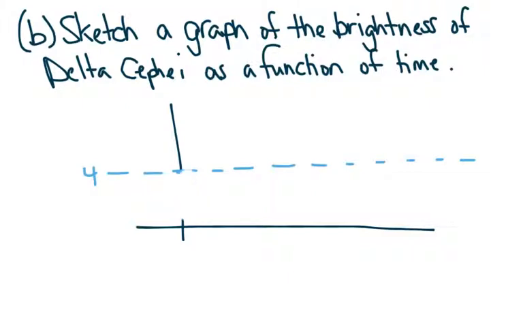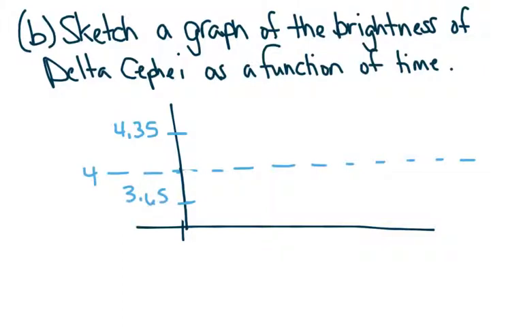So maybe I'll get rid of these. If it oscillates 0.35, that means the highest it's going to go is 4.35. That's going to be its maximum. And its minimum is going to be 4 minus 0.35, which is going to be 3.65.